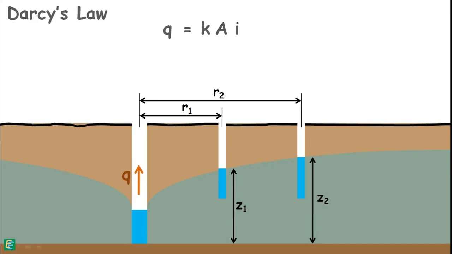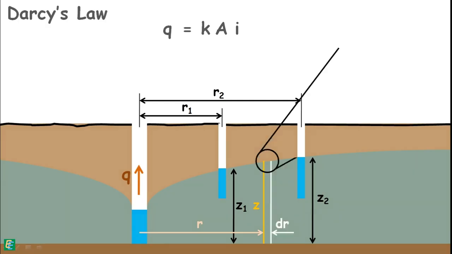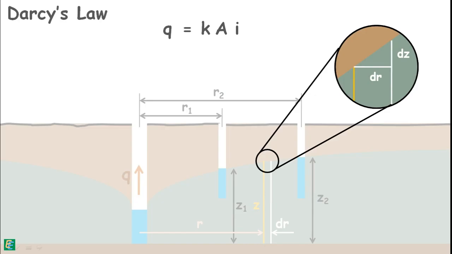So let's assume that at some distance r from the center of the well, the water level is z, and at a little distance dr away, the height of the water level increases by dz. For such a short distance, we can consider the hydraulic gradient as constant, and that will be equal to the change in the head divided by the distance over which the change occurs.